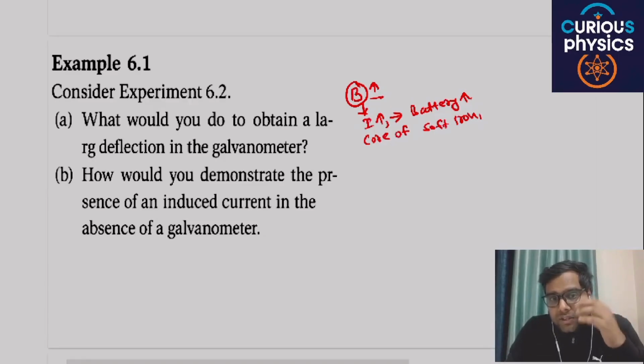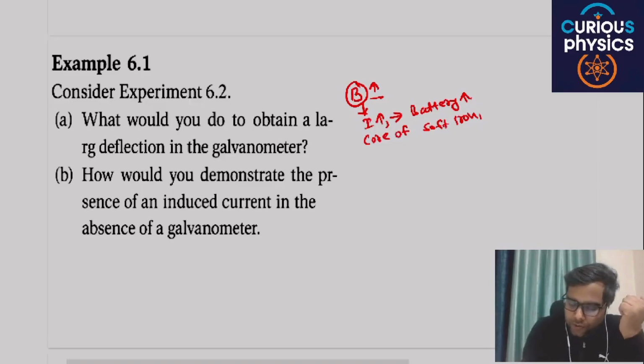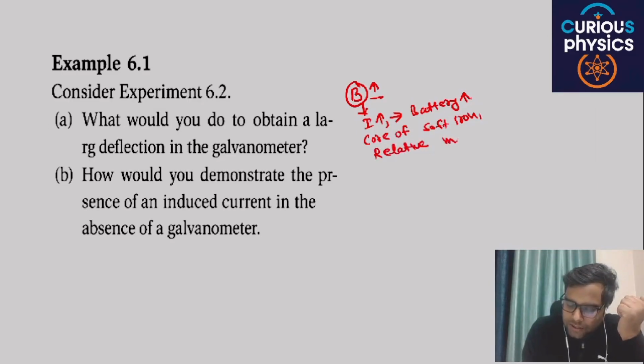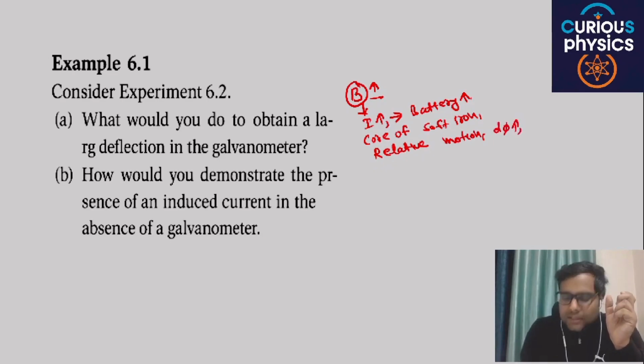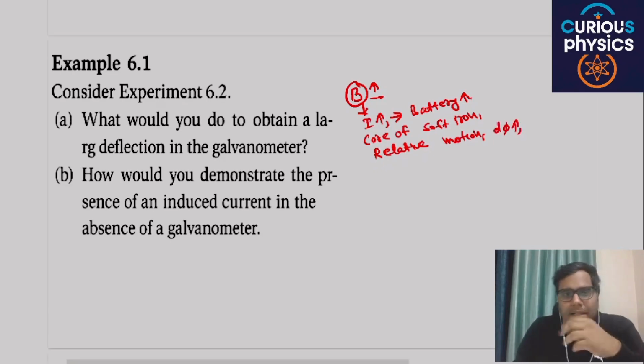If you increase the relative motion, if there is a fast relative motion between the two coils, then d phi, the change in magnetic flux, will increase. If the change in magnetic flux increases, then the galvanometer shows more deflection, or the induced current will be large.